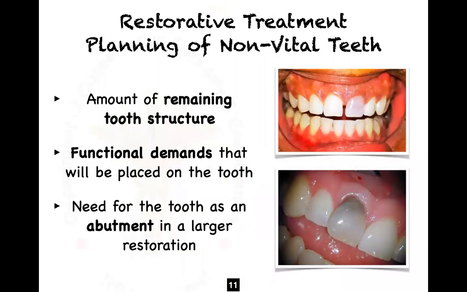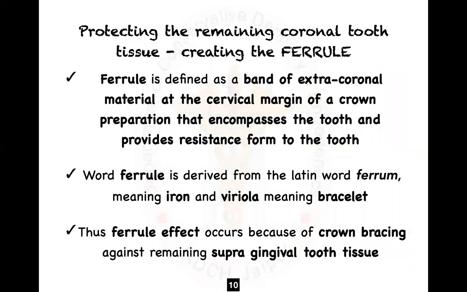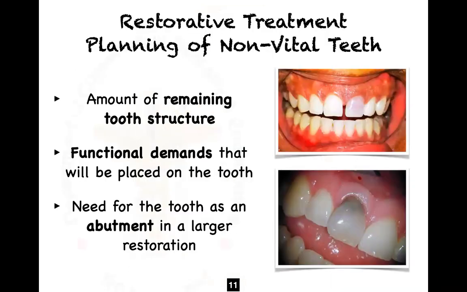What does that mean? Before we move on, it means that when the tooth's walls are only slightly preserved, what you have to look into is the remaining tooth structure, how much tooth structure is left, because that will act as a bracelet. That will actually give more strength to the crown that you're going to be covering it with, right?